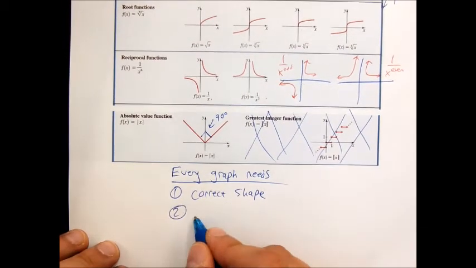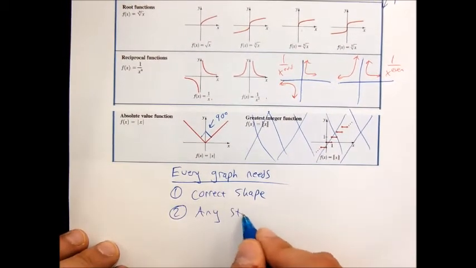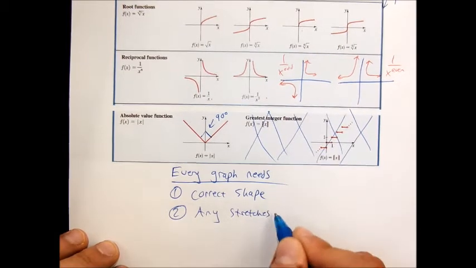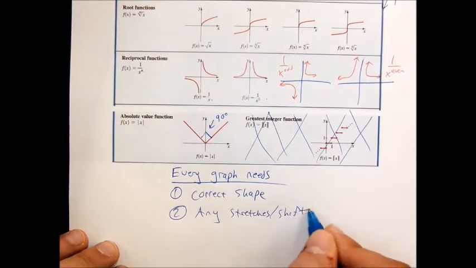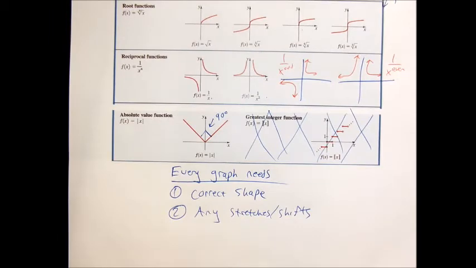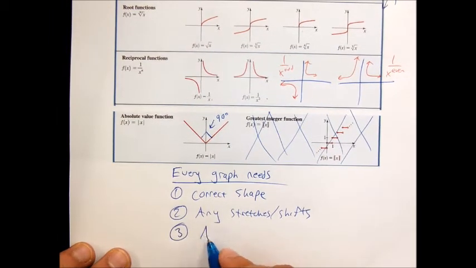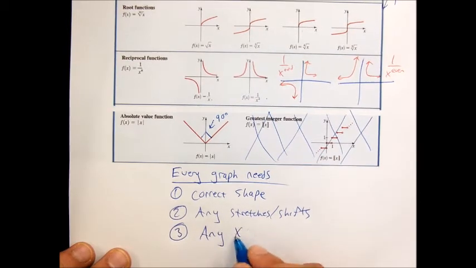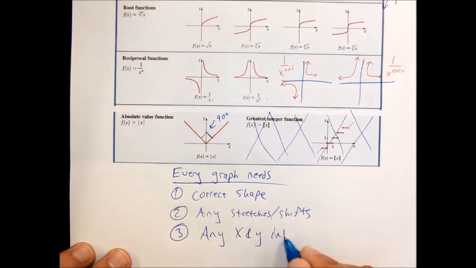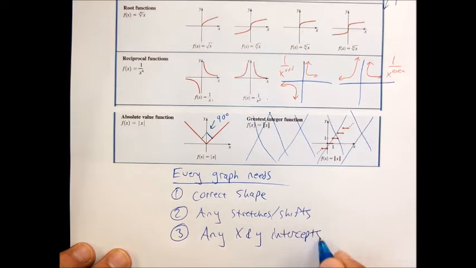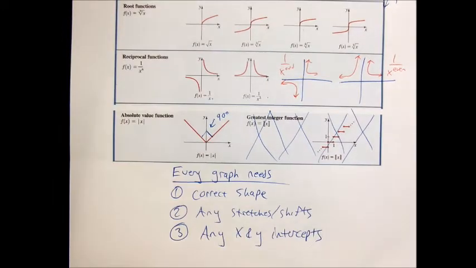I'm also looking for any stretches or shifts. You'll see what I mean when we start doing this. And the third thing that I'm looking for you to show on a graph is any intercepts. So any x and y intercepts. So keep that in mind when we're doing this, and I will do those 3 things when we go through.